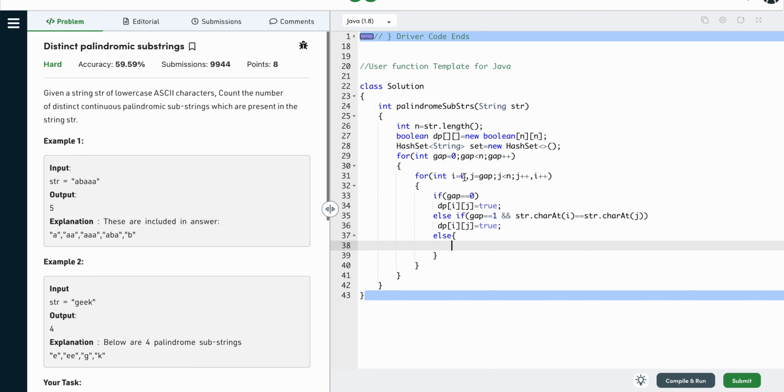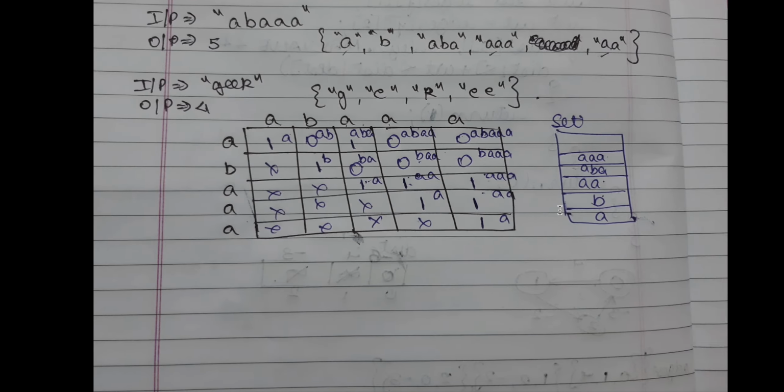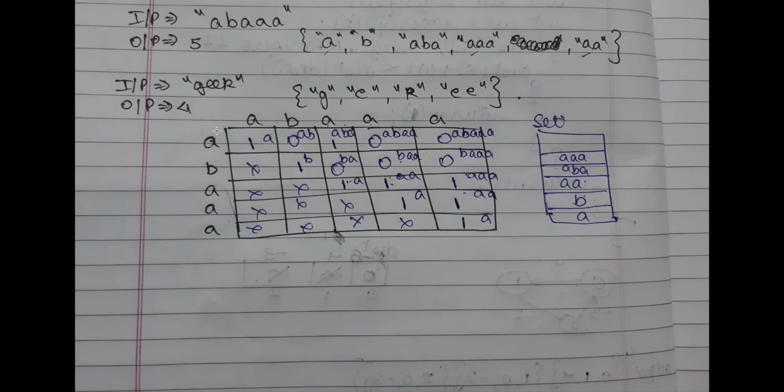Now when i is equal to 0, now we'll be moving to the third one, gap is equal to 3. Whenever the gap is 3, 4 or 5, we'll just be checking the last two characters. If they are equal, then we should be going for the middle check.